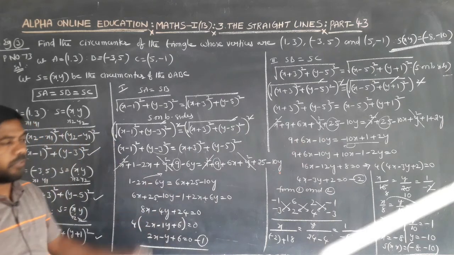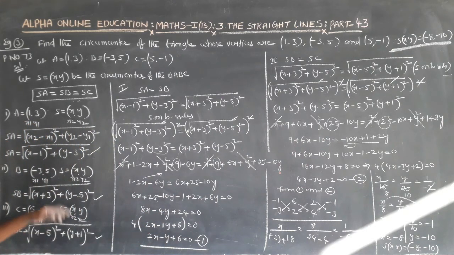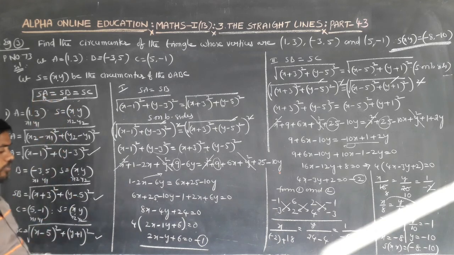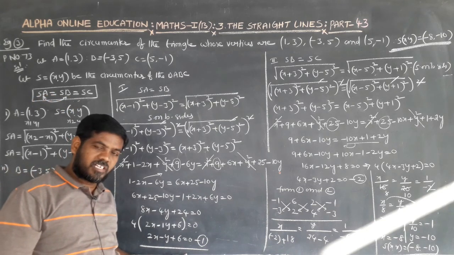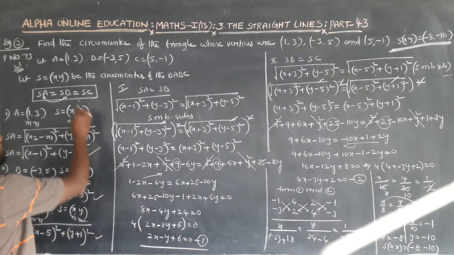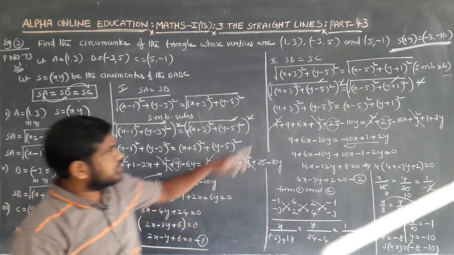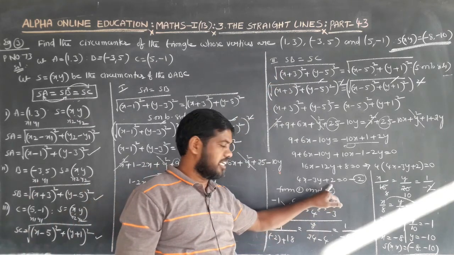This is the process. First of all, find the values SA, SB and SC. Equating SA is equal to SB, getting one equation in x and y, and equating SB equal to SC, getting the second equation in x and y.